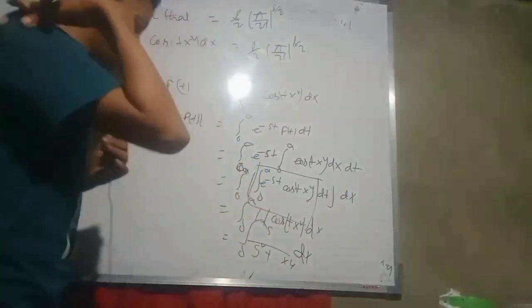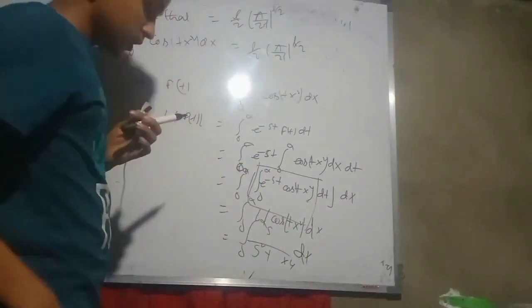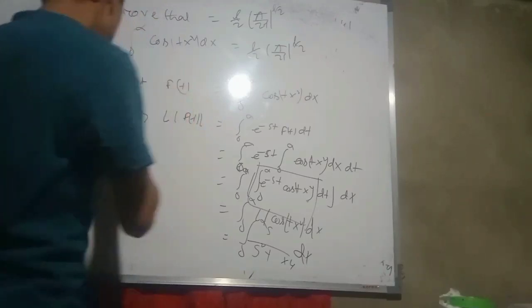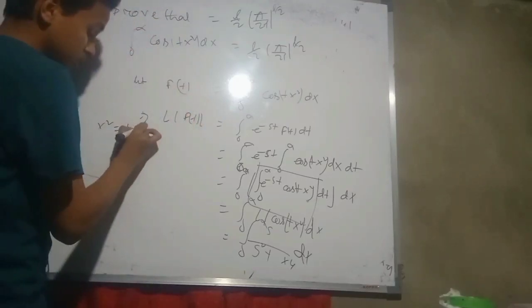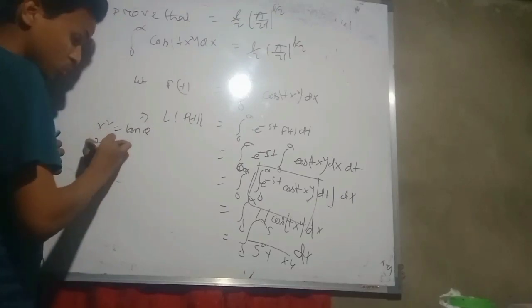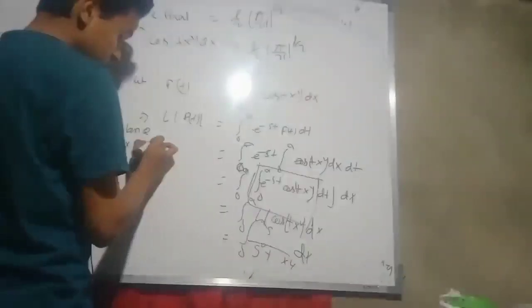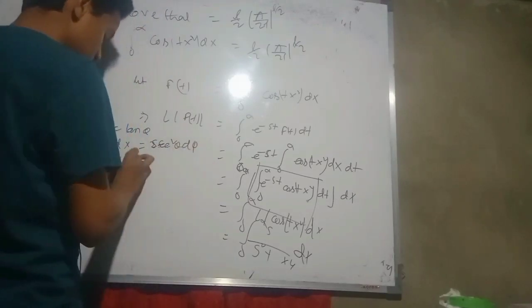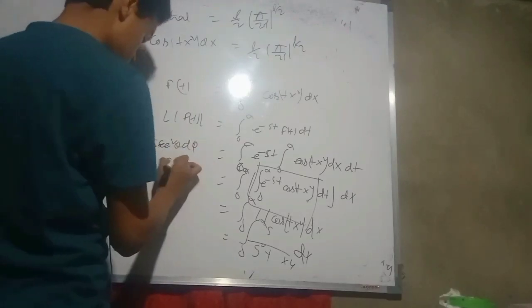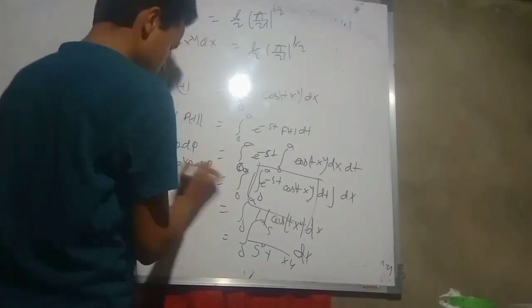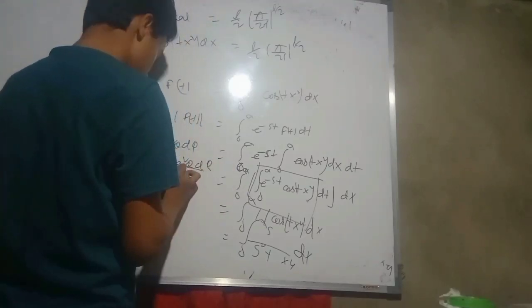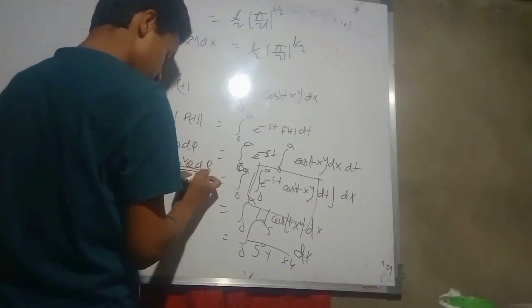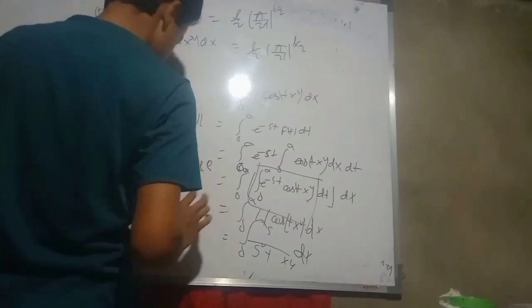So we have to integrate with respect to x. Let's suppose x square equals tan theta. Then 2x dx gives us 2 sec square theta d theta, so dx gives us sec square theta d theta upon 2 tan theta.